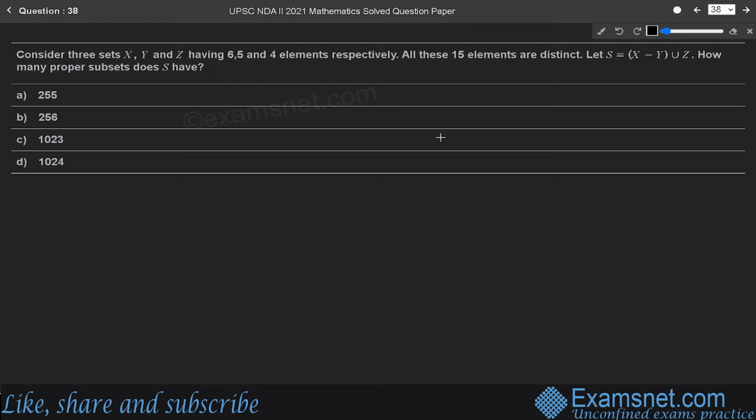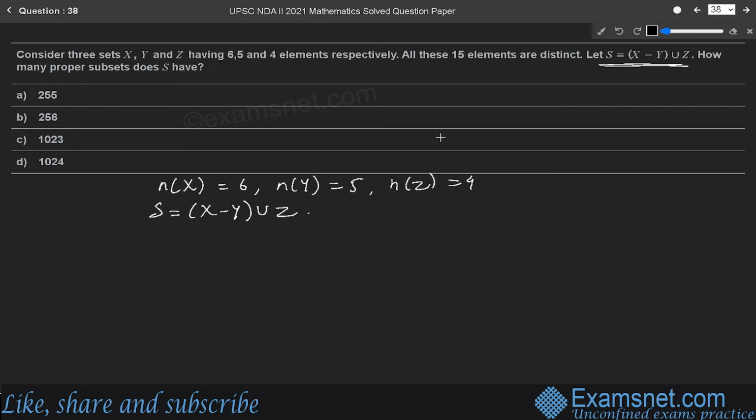First, let us write the given values. According to the question, n of X is equal to 6, n of Y is equal to 5 and n of Z is equal to 4. It is also given that S is equal to X minus Y union Z. We have to find how many proper subsets S has.